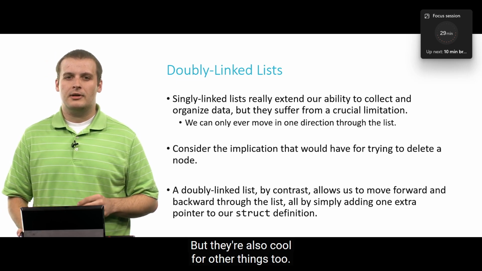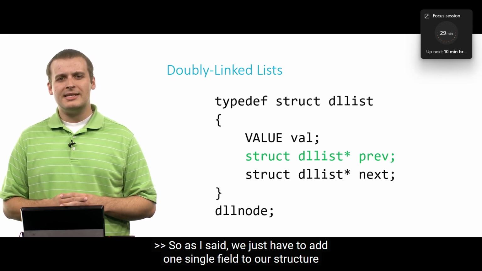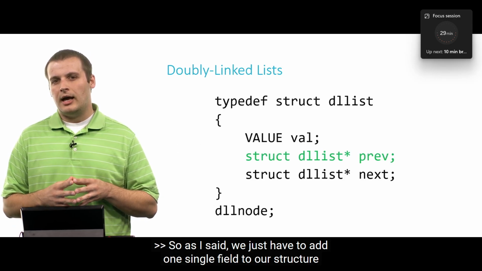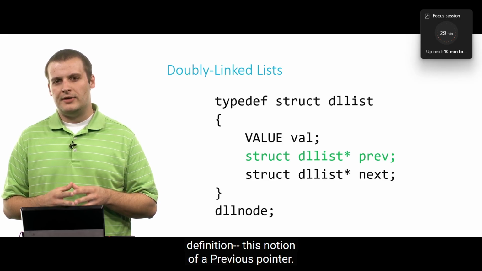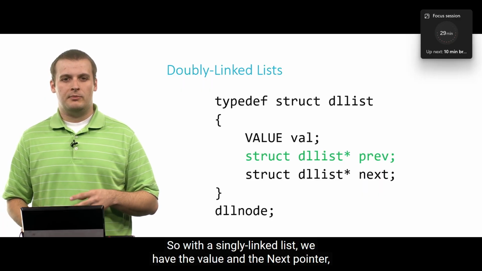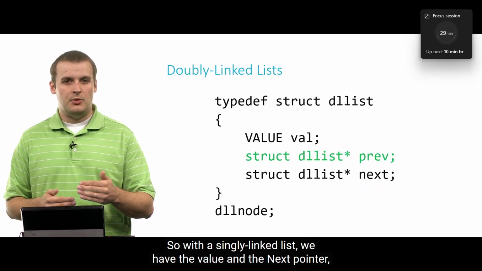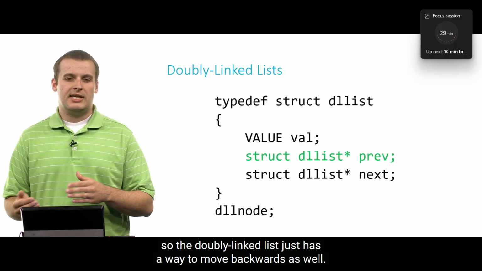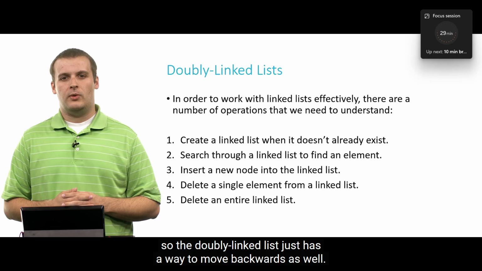But they're also cool for other things too. So as I said, we just have to add one single field to our structure definition, this notion of a previous pointer. So with a singly linked list, we had the value and the next pointer. So the doubly linked list just has a way to move backwards as well.